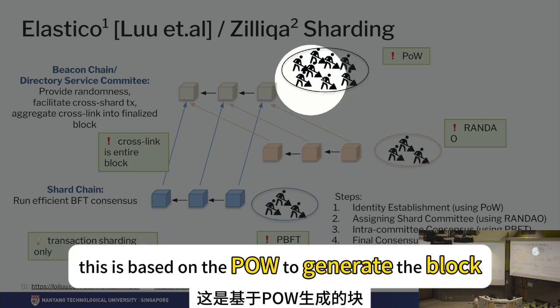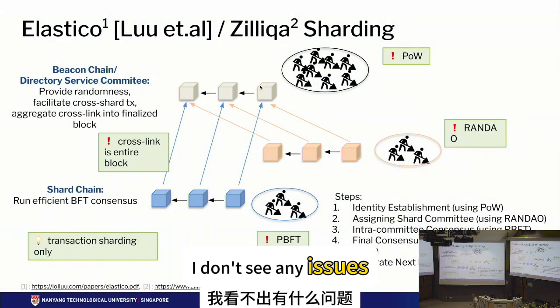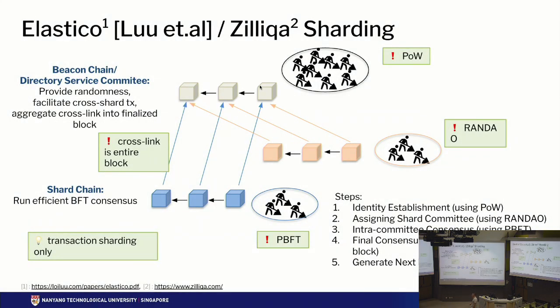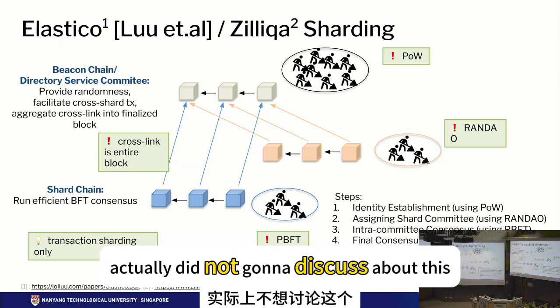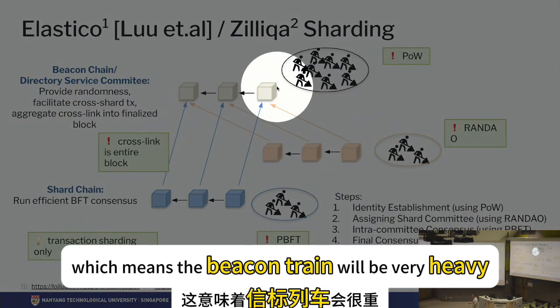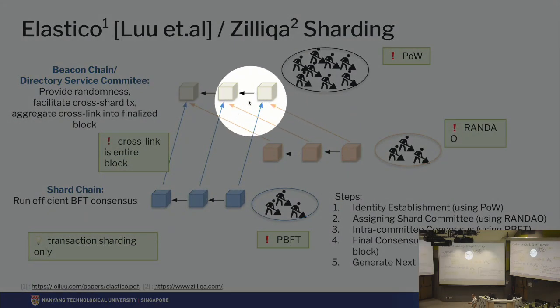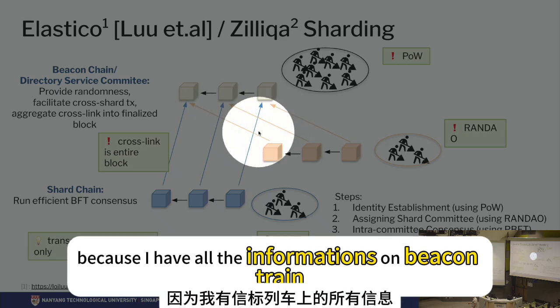And this is based on POW to generate the block. I don't see any issues, but there is one issue, which I can discuss later: the beacon chain will be very heavy. It will definitely slow down the performance because I have all the information on the beacon chain.